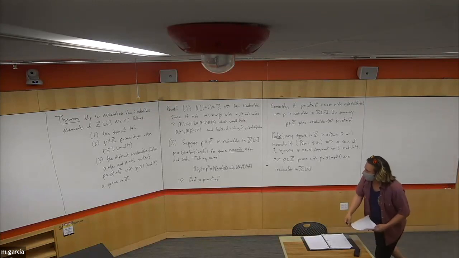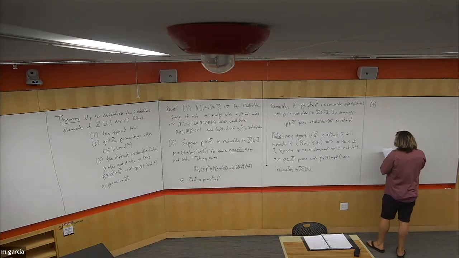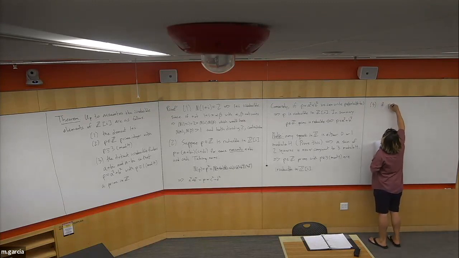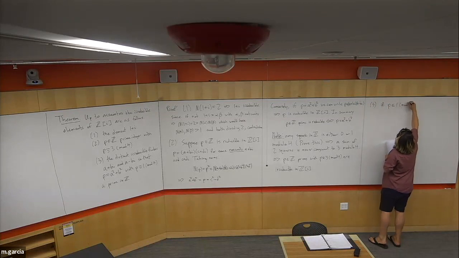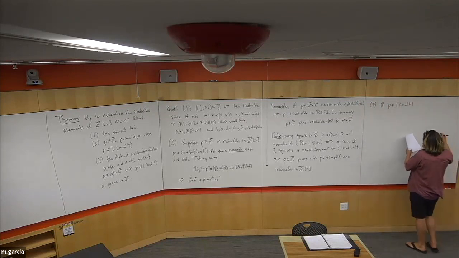Okay, so finally, part 3 here. What do we have? Well, P is congruent to negative 1 mod 4. Then what do we know?